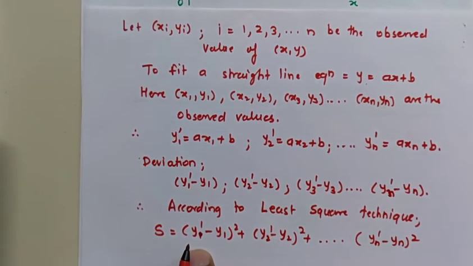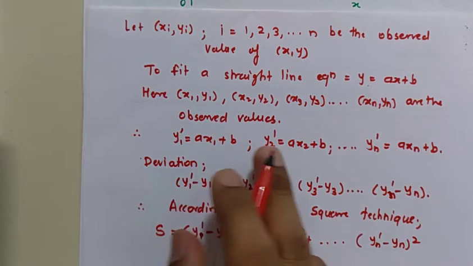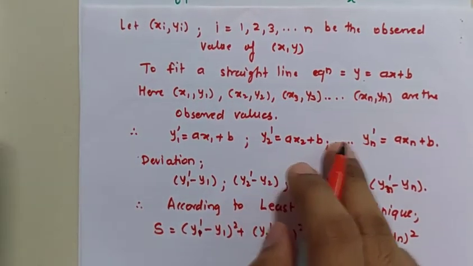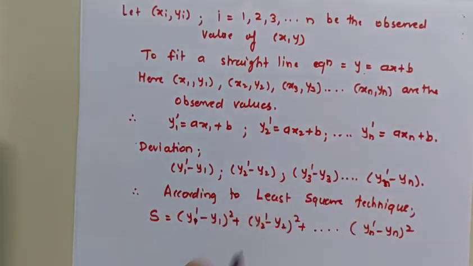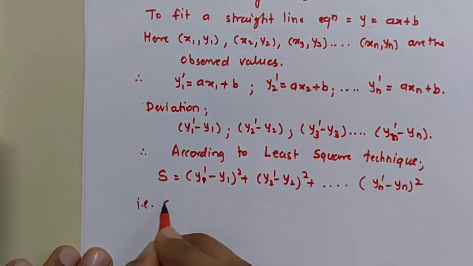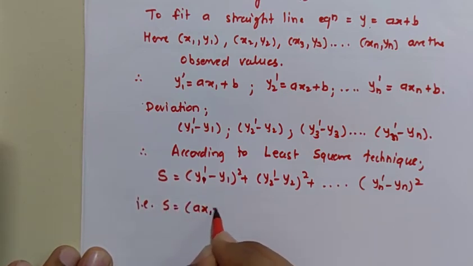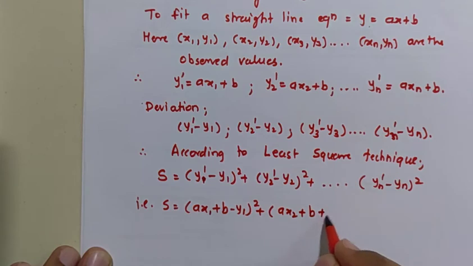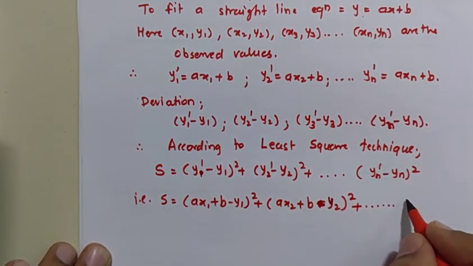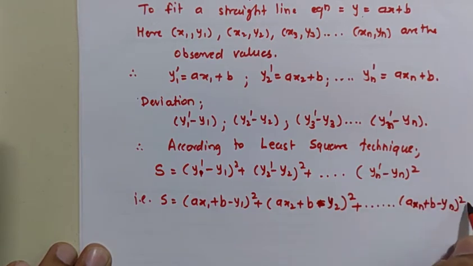Now here y1 dash is nothing but ax1 plus b, y2 dash is nothing but ax2 plus b, and so on. We will replace this dash term of y with this expression. So S is equal to (ax1 plus b minus y1) square plus (ax2 plus b minus y2) square up to n terms, that is (axn plus b minus yn) square.